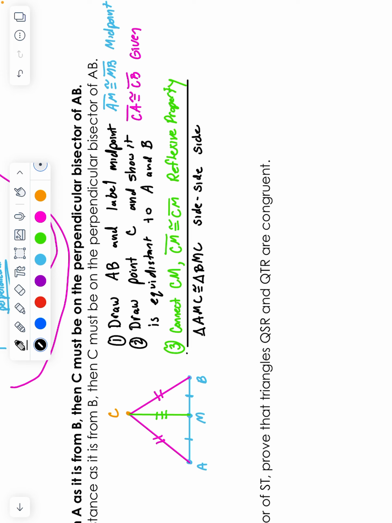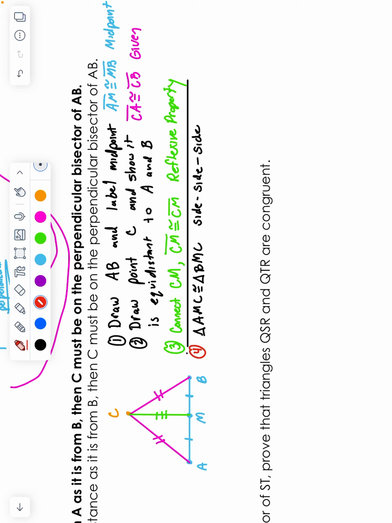We have all corresponding sides. We have the midpoints, we have the given ones, we have the reflexive. We know the triangles are congruent.